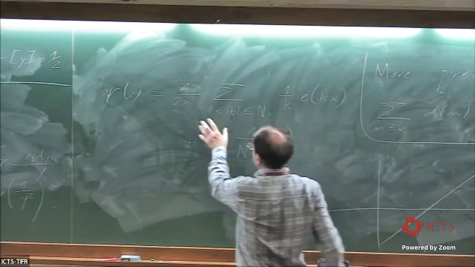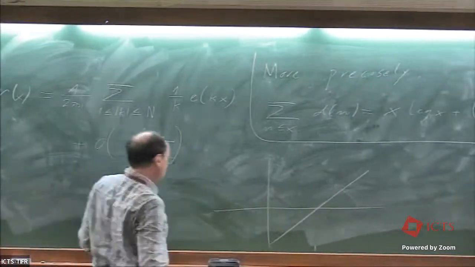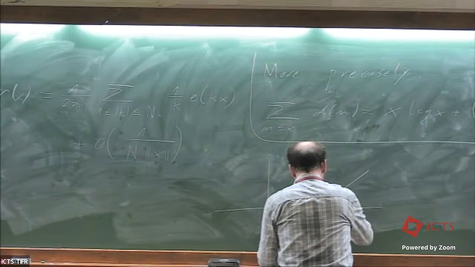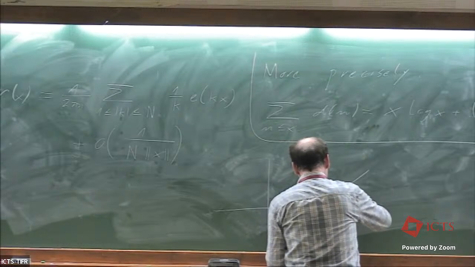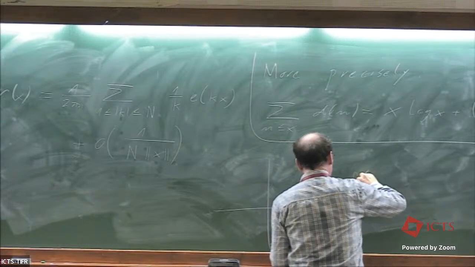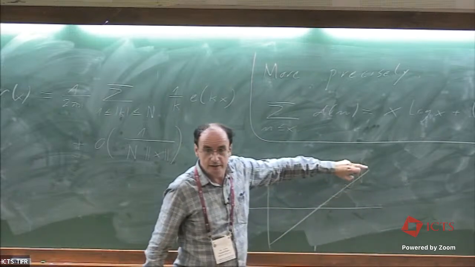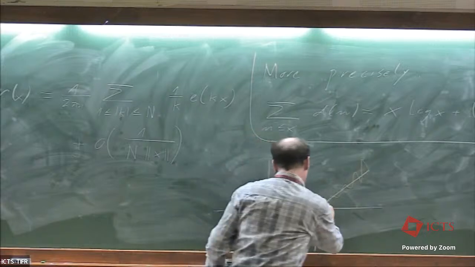If we draw the graph of that function here, it will look like that. It oscillates around this curve, but the oscillations become larger if we approach the endpoints.